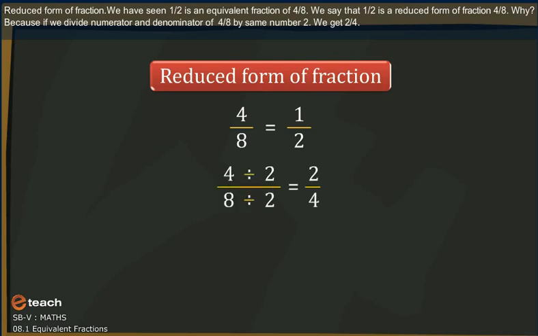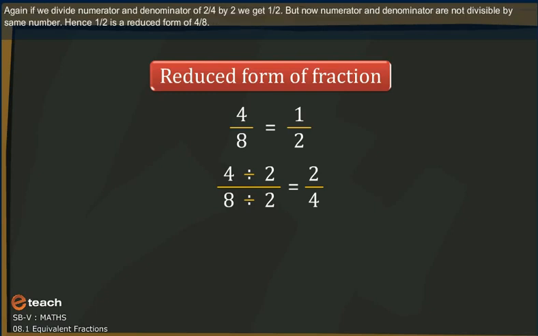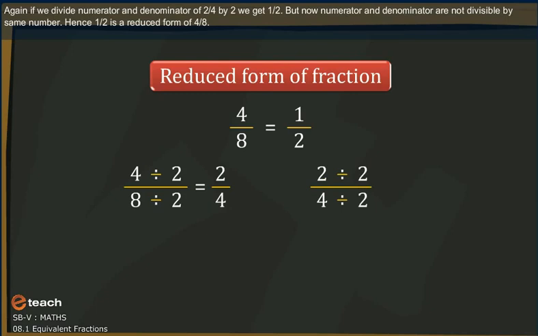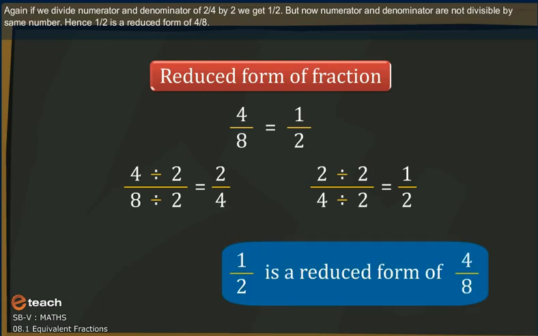Because if we divide the numerator and denominator of 4 by 8 by the same number 2, we get 2 by 4. Again, if we divide the numerator and denominator of 2 by 4 by 2, we get 1 by 2. But now, the numerator and denominator are not divisible by the same number. Hence, 1 by 2 is the reduced form of 4 by 8.